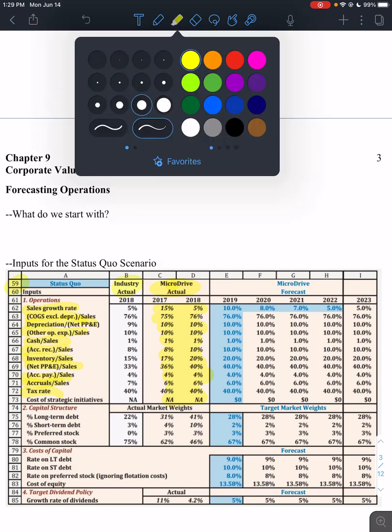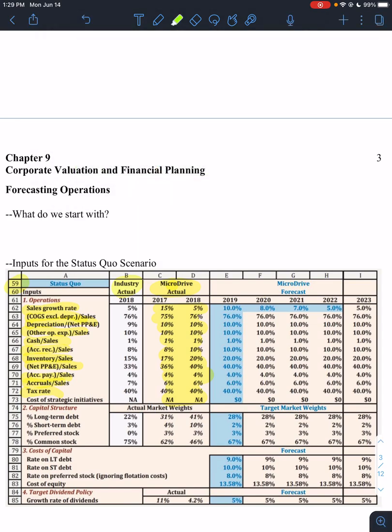And so what they did is they made the assumption that they expect their historical ratios to stay the same in terms of what their cash looks like compared to sales typically, what their inventory looks like compared to sales, right?